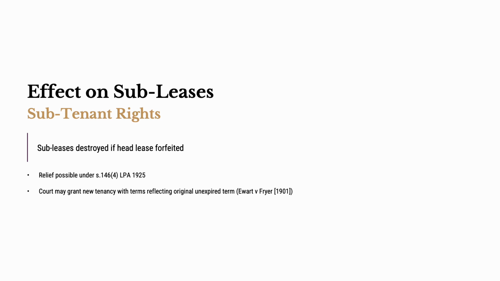So subtenants can apply for relief from forfeiture of the head lease. The court may grant a new tenancy directly from the head landlord to the former subtenant. We got a case that establishes that a relief term should reflect what remains of the original unexpired term. So original unexpired term will continue.